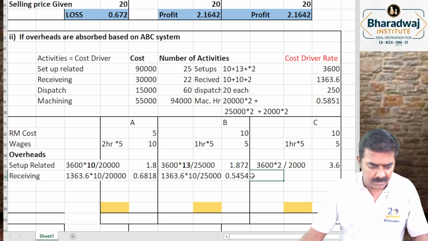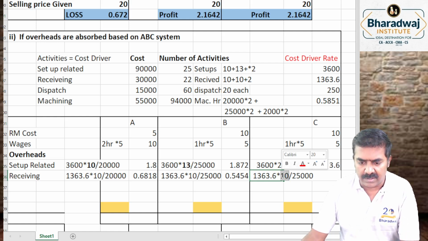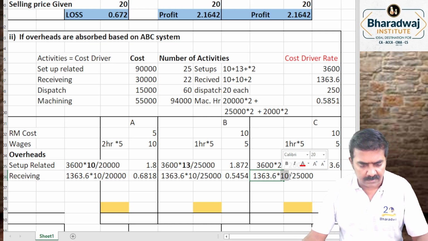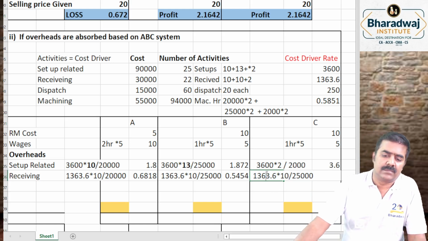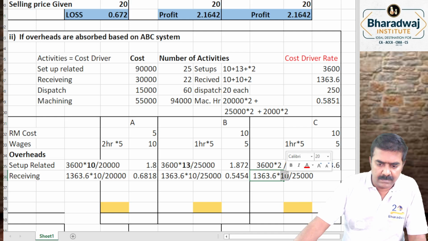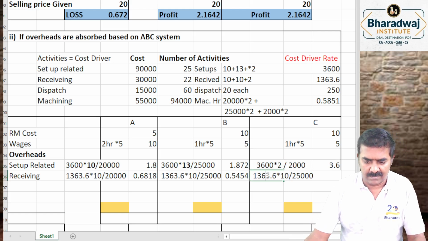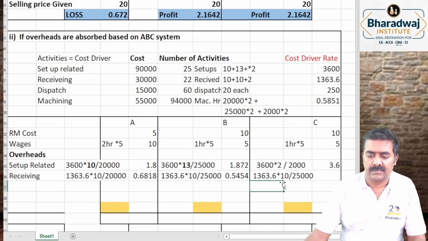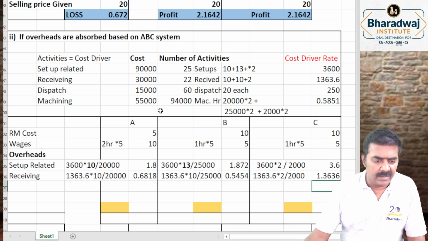Next, 2 receivings divided by 2,000. 2 divided by how much? 2,000. How much you get? Okay. This is receiving related cost.